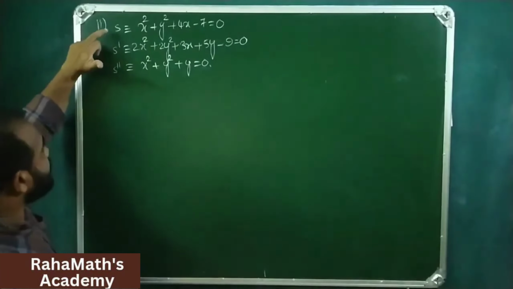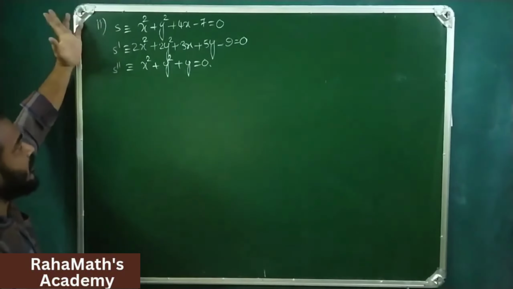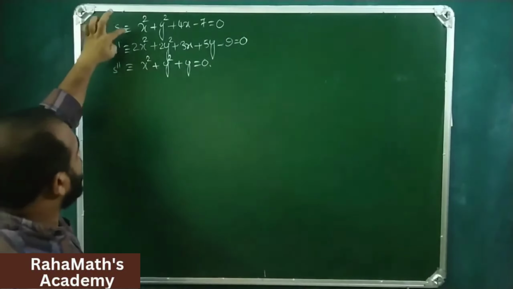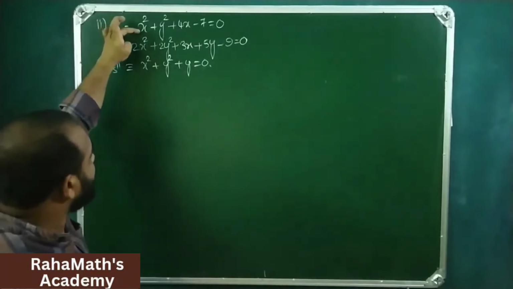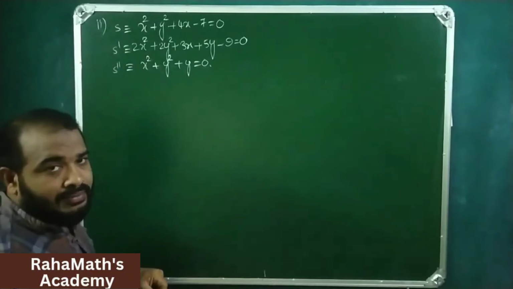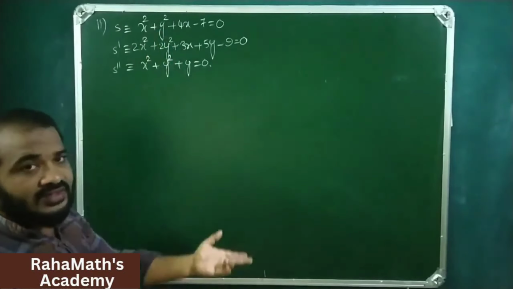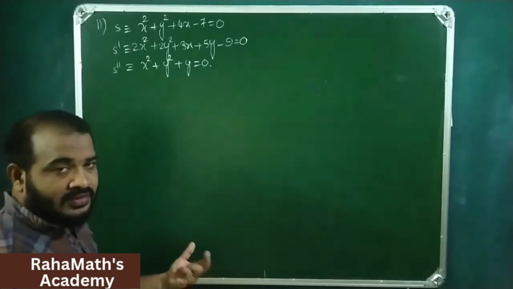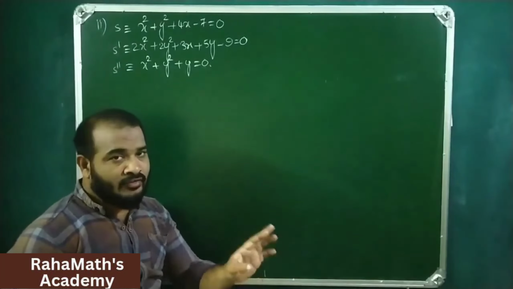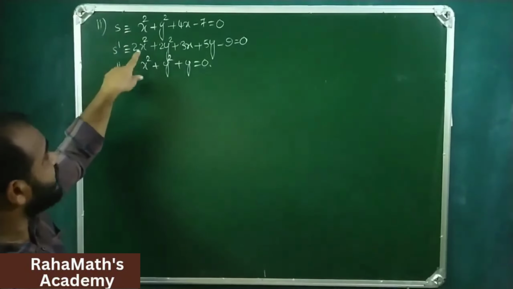The next question, the three circles are given in this way. As usual, S dash, S double dash I have taken. But here, if I do S minus S dash, then x square minus 2x square, so 1x square we will get. But the radical axis, which is the intersection of these two circles, is a straight line. That means a general equation of a line ax plus by plus c equals 0 we should get. But here x square minus 2x square is what we are getting.